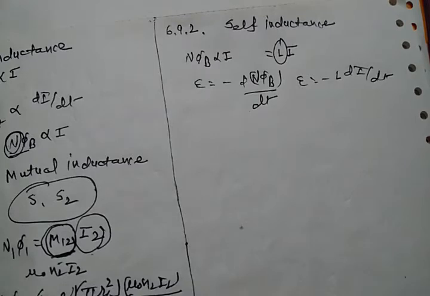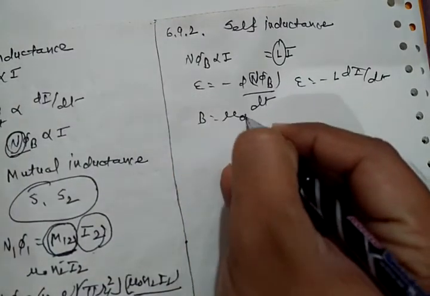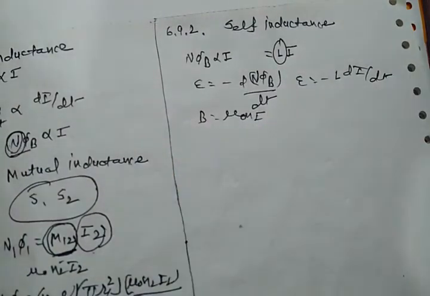Next, we take a solenoid of cross section area A, length l, having n number of turns per unit length. The magnetic field due to current I flowing through the solenoid is B equal to mu 0 n I, neglecting the edge effect.